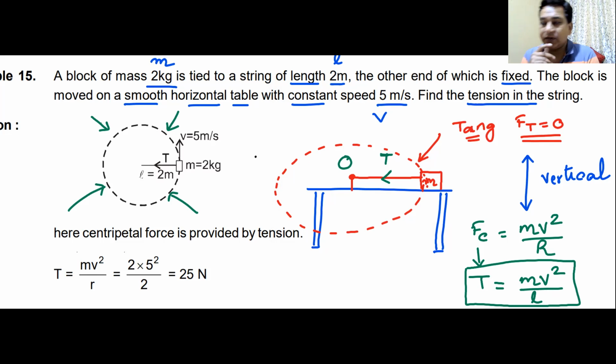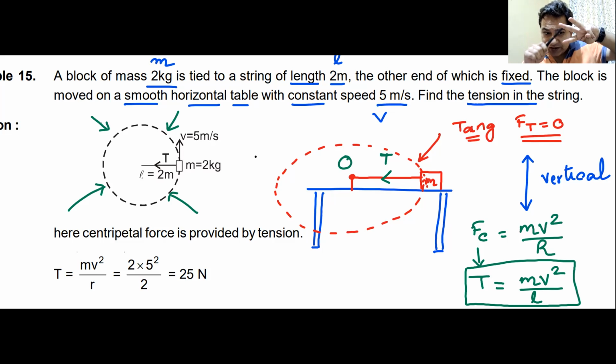Now, what remains to be understood in this question, which is not asked here, but you need to understand it, as there might be a question where they ask that. We have talked about three directions, three axes along which we have to make equations. Along the tangent, the red equation, there is no force in this question, so you cannot draw anything.